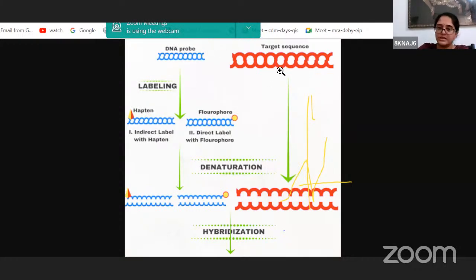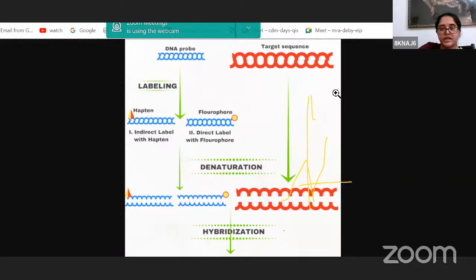The target sequence is also made up of DNA. So it's a gene, and you know the exact location of the gene. If you suspect there is an issue with it, you can label the probe with a hapten or a fluorescent marker, which is a fluorophore.